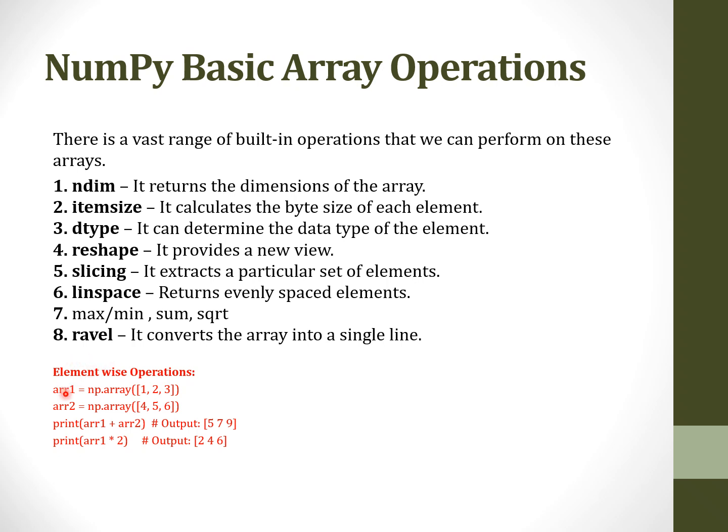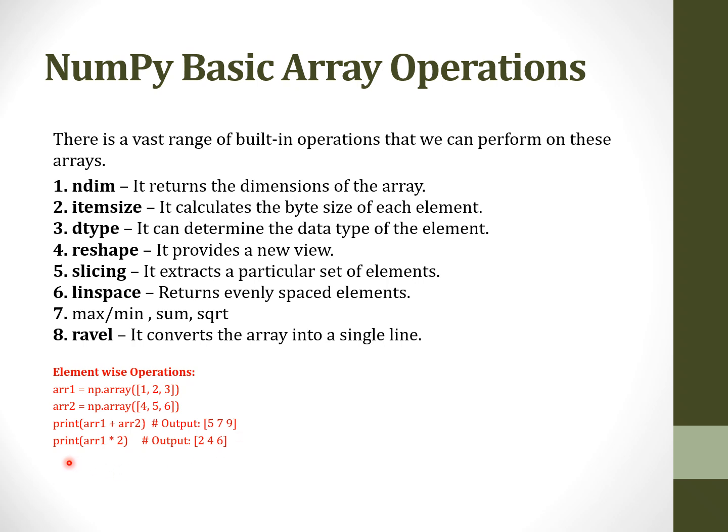We can also perform element-wise operations in Python. How do we do so? You create two different arrays. Suppose we want to add them, you can give print of array 1 plus array 2. This will add both arrays, and the added values will be printed as output.